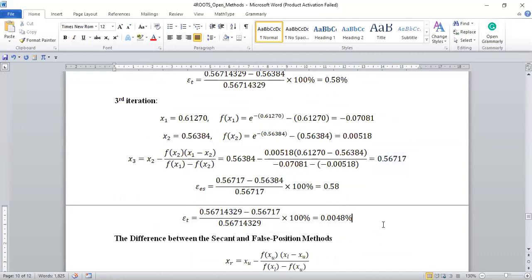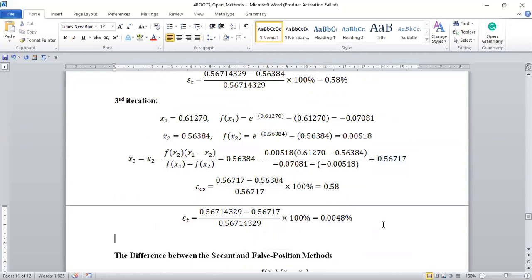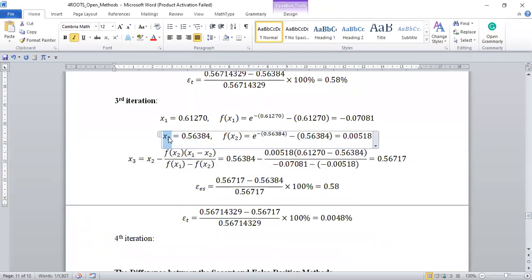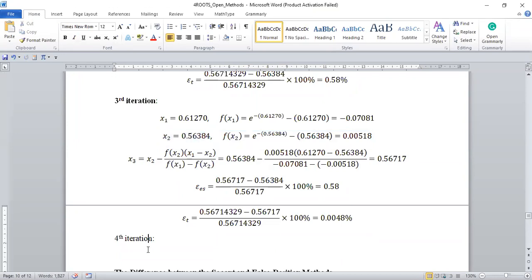So for the fourth iteration, what you need is x2. So we already know x2.